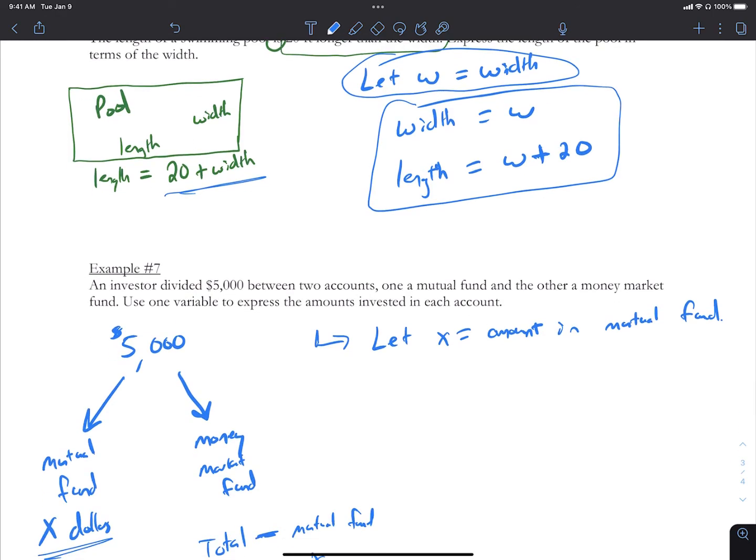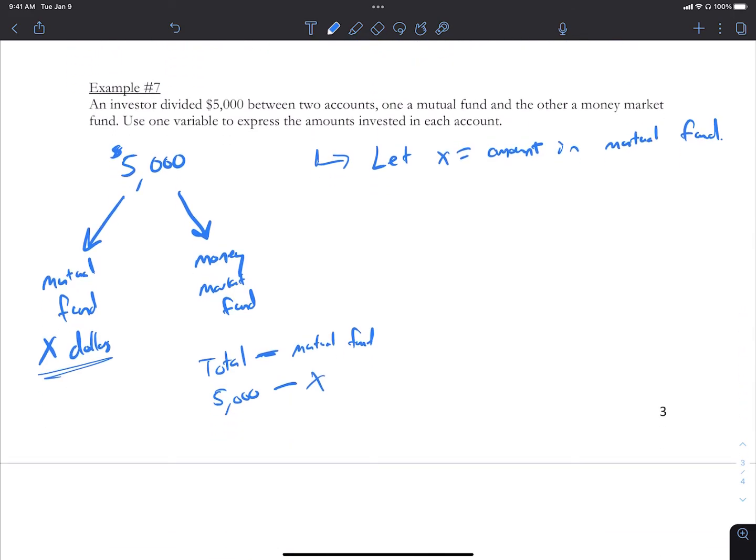That way it makes it clear when I'm introducing a variable what it represents. So I'm letting X equal the amount in the mutual fund. So 5,000 minus X is equal to the amount that we put in the money market fund.